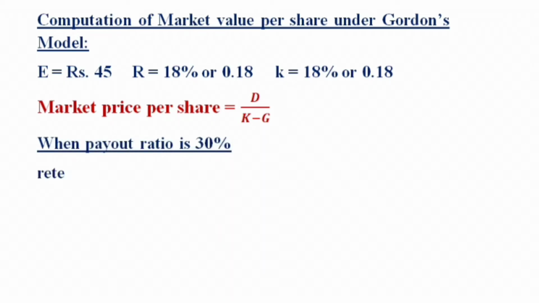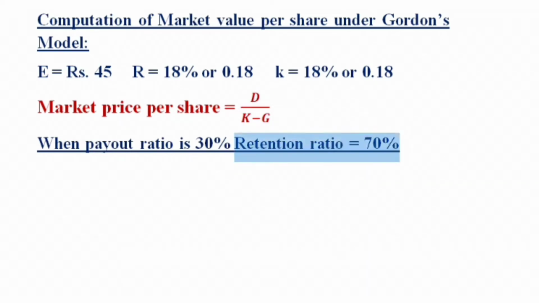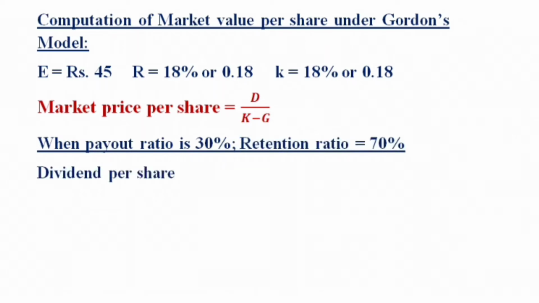D is dividend per share, K is cost of capital, and G is the growth rate. First we find out the market price for the payout ratio of 30 percentage. If the payout ratio is 30 percentage, the remaining 70% will be termed the retention ratio. Dividend per share equals EPS into payout ratio.